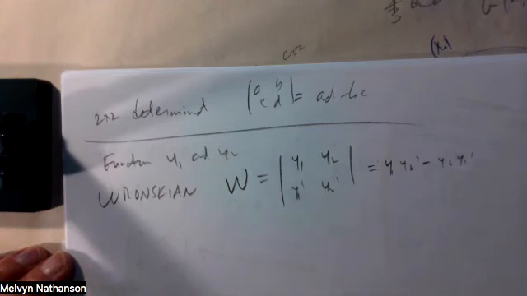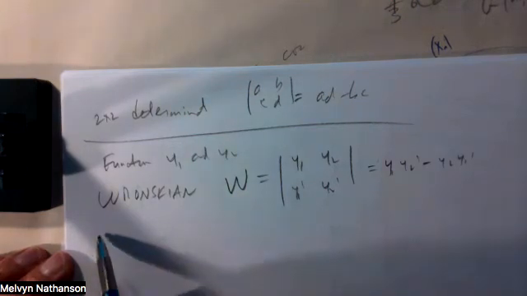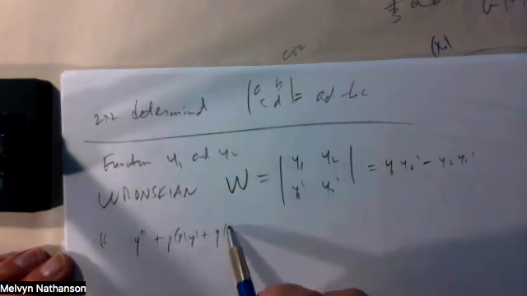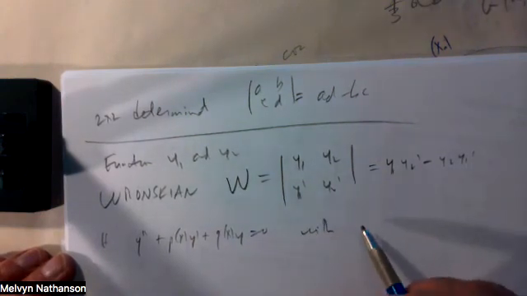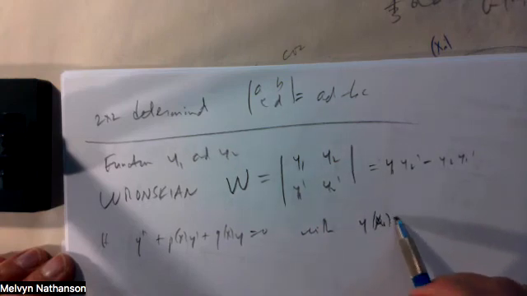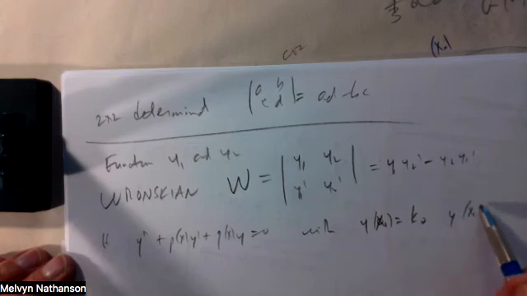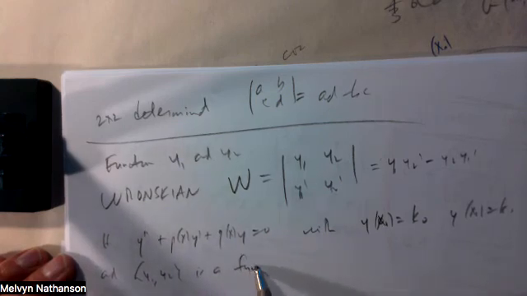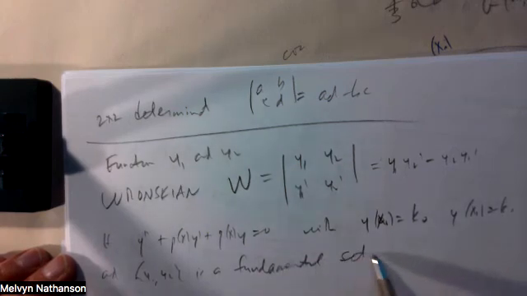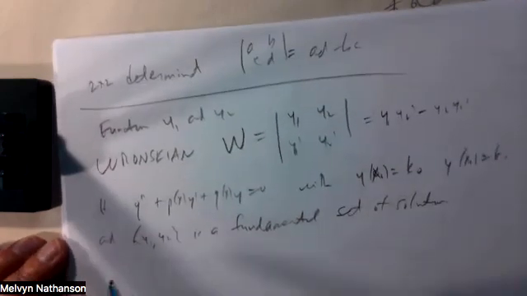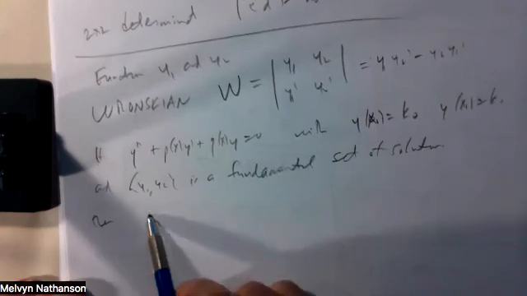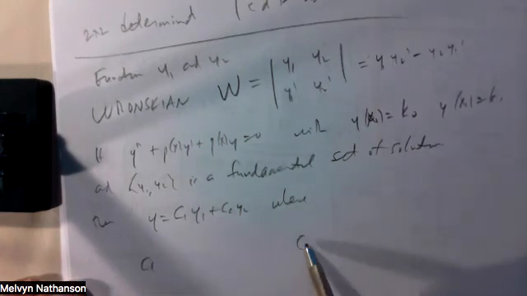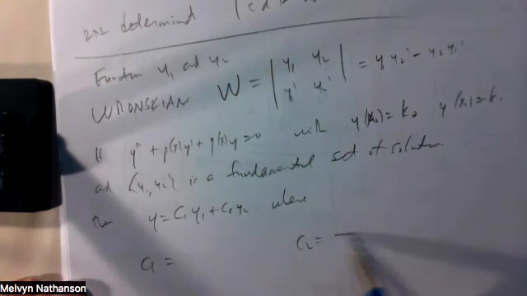And if we have the differential equation, y double prime plus p of x y prime plus q of x y equals 0, with the initial condition that y of x0 is k0, y prime of x0 is k1, and y1, y2 is a fundamental set of solutions, then the solution of the initial value problem is y equals c1 y1 plus c2 y2, where c1 and c2 are given as fractions of determinants.